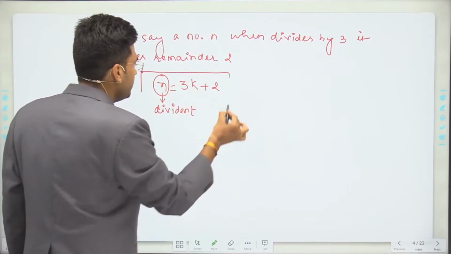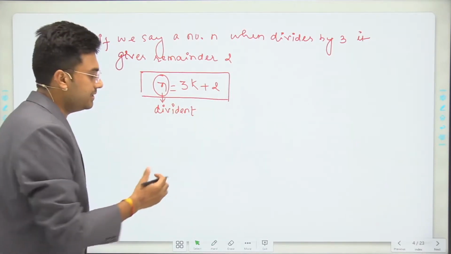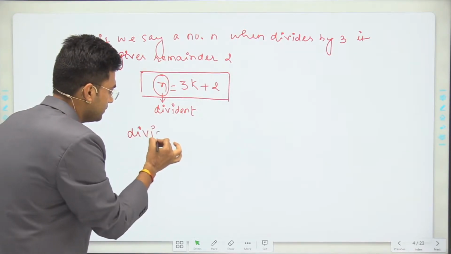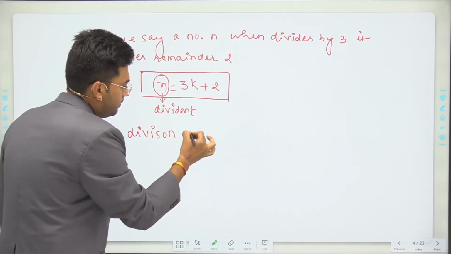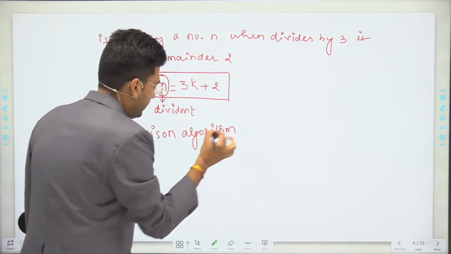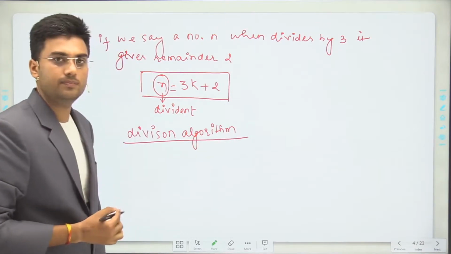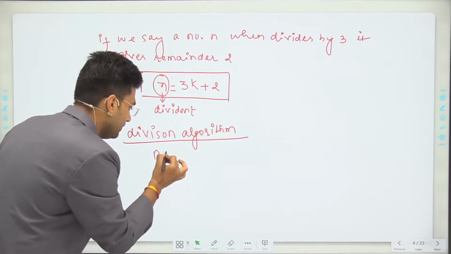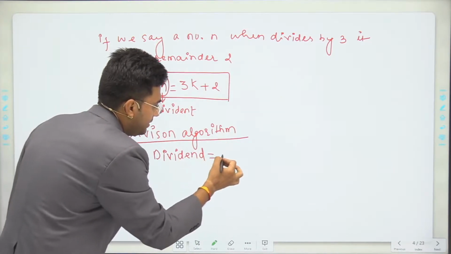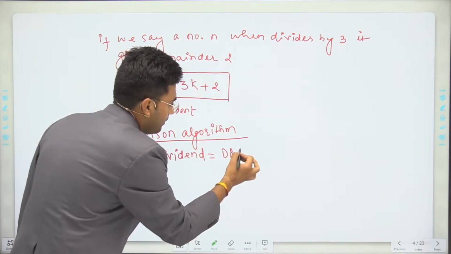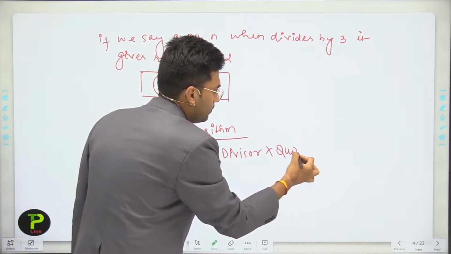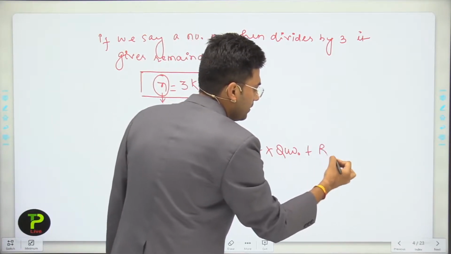Now it is what? It is nothing but the division algorithm. And what is this division algorithm? It is: dividend is equal to divisor multiplied by quotient plus remainder.